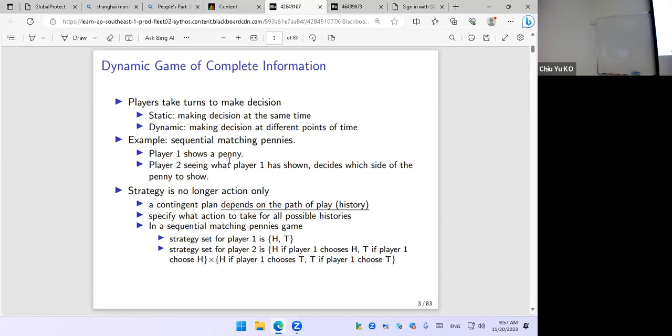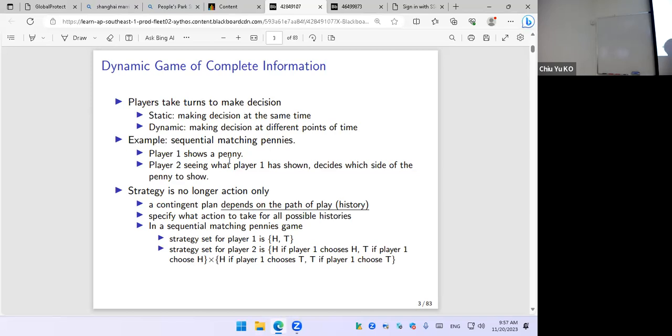So player 1 in this case still only has head or tail. But player 2 actually has 4 different types of strategy. Why? It's because given the head, he can choose head or tail. Given the tail, he can choose head or tail. So it's 2 by 2, so it's just 4. Okay, we'll be more clear later, but as you can see, here we distinguish strategy and action.